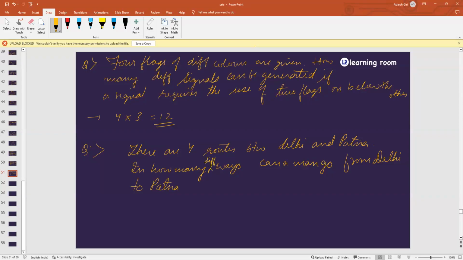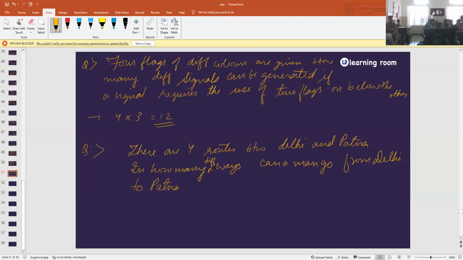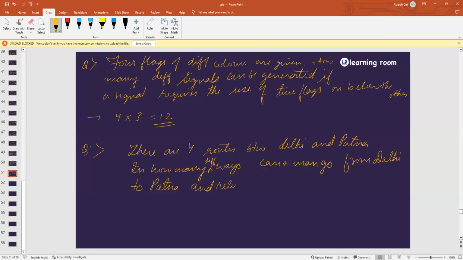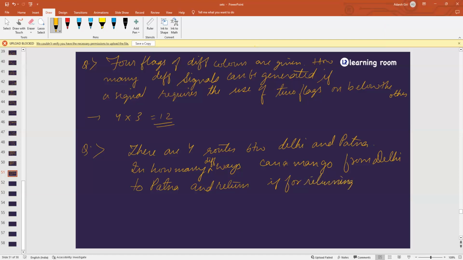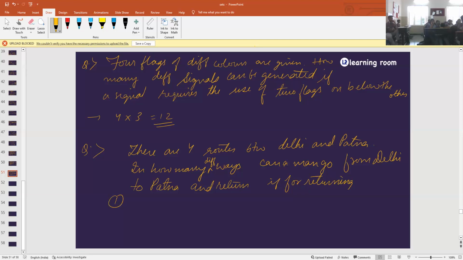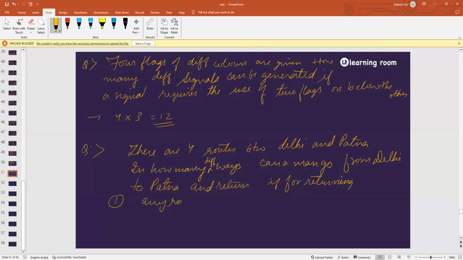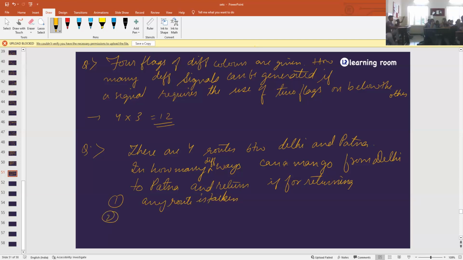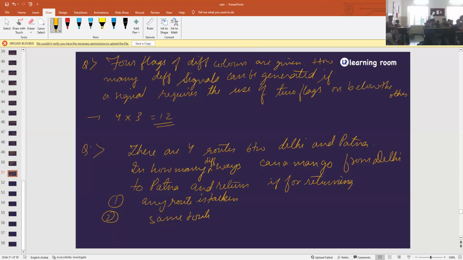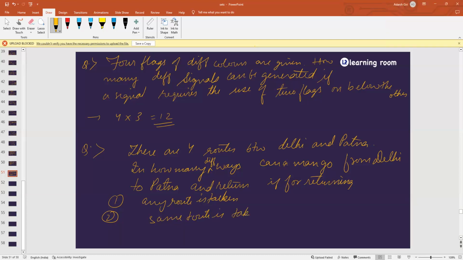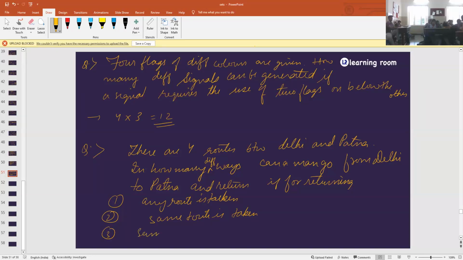I shall write different ways: from Delhi to Patna and return. If for returning we have 3 conditions: first, any route is taken; second, same route is taken; third, same route is not taken.